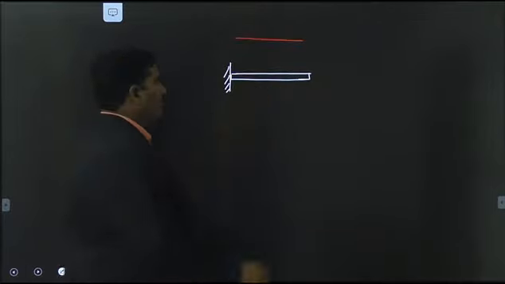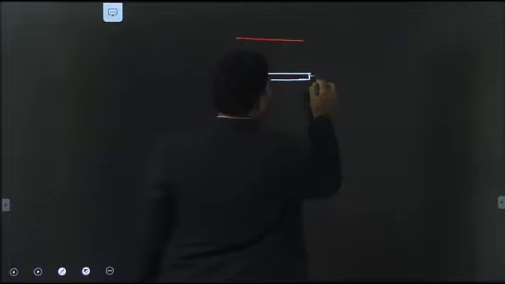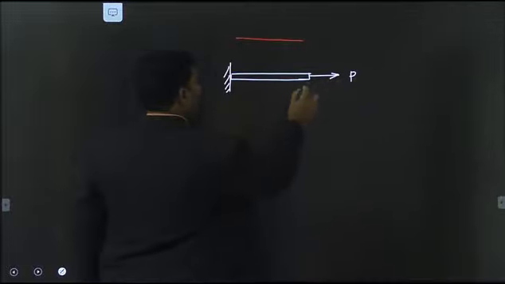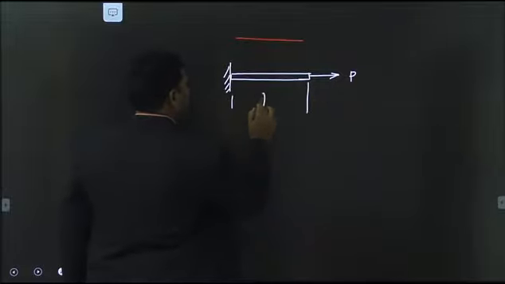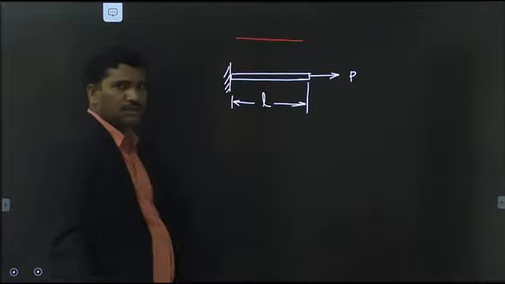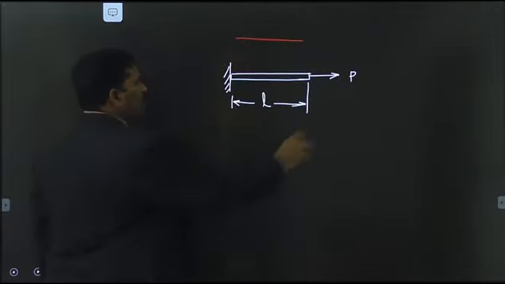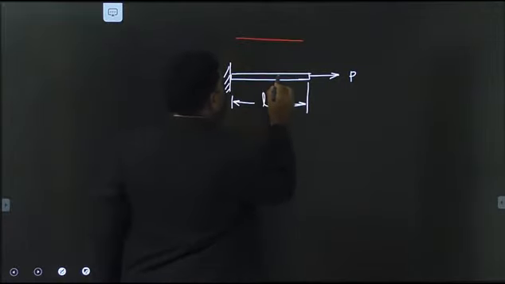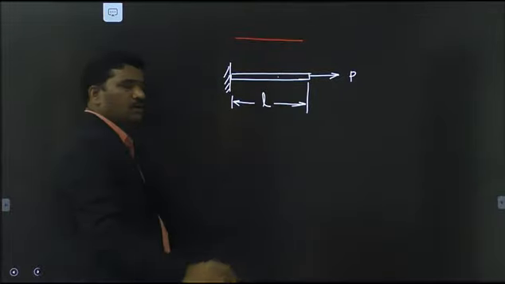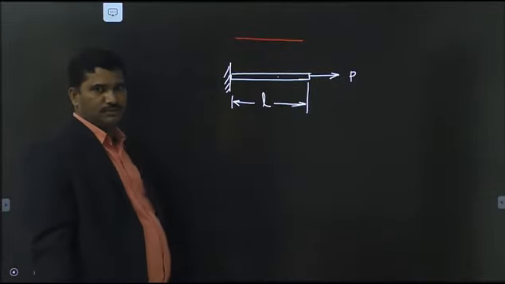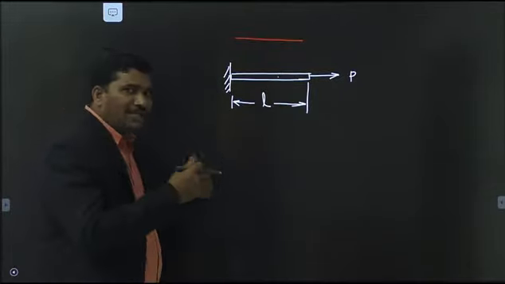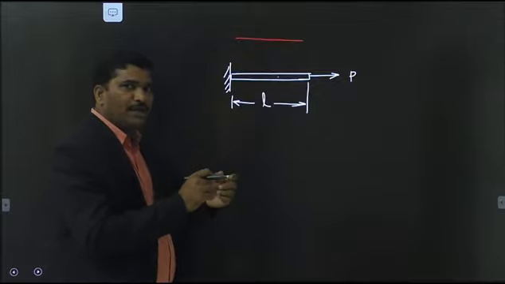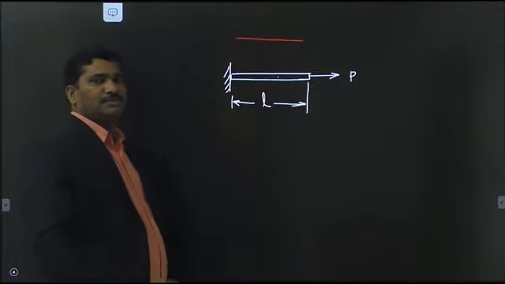This bar is under the action of a pull, say P. L is the length of the bar. Before applying this load P, mark a point here on the surface of the bar. Apply the load P. When you apply the load P, deformation takes place.